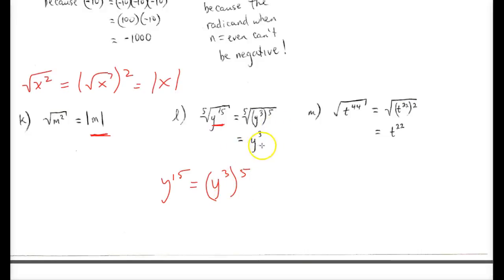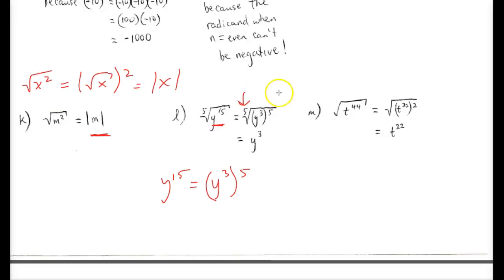Okay, and so from that, we see that if we have 5 of these y to the 3 inside of the radical, this tells us how many of the y to the 3's we have to have in order to pull out one. Okay, so that's one way that we can think about it.